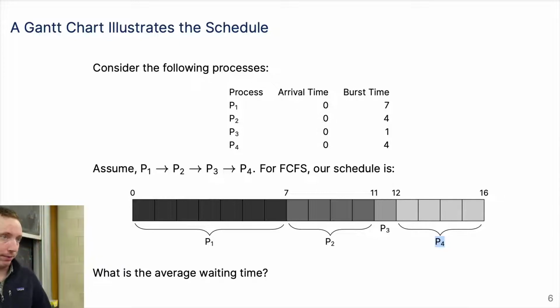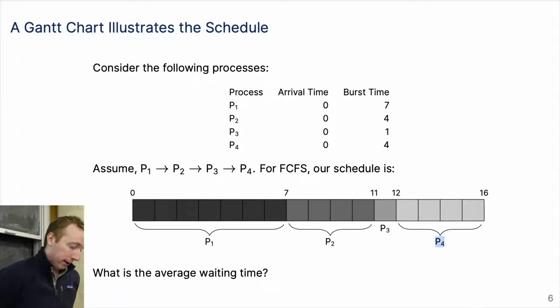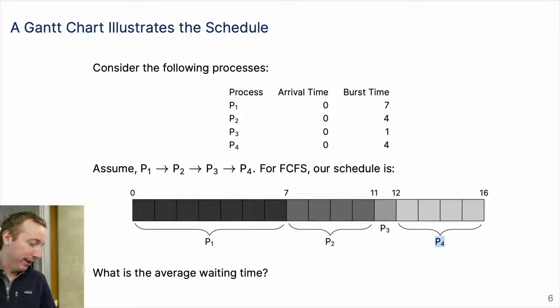One question you might ask is, what is the average waiting time? The average waiting time is just a simple average. Process 1, how long did it wait? Well, it arrived at time 0 and it got executed immediately, so it waited for 0 time units. Process 2 arrived at 0, didn't start executing until time equals 7, so it waited around for 7 time units.